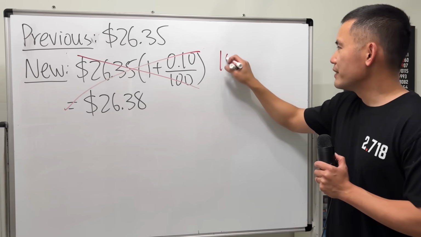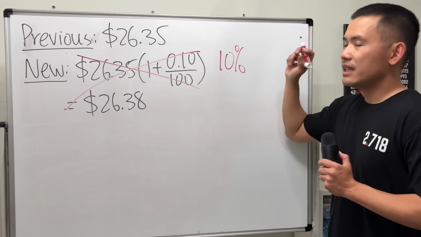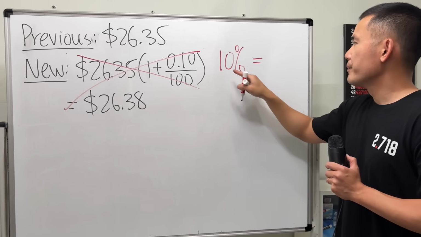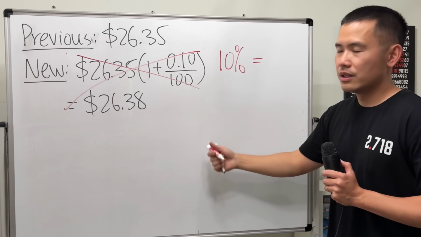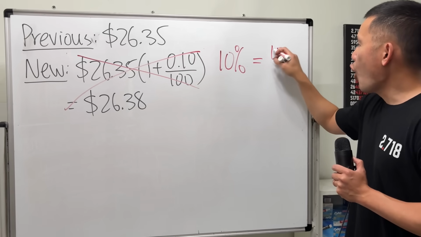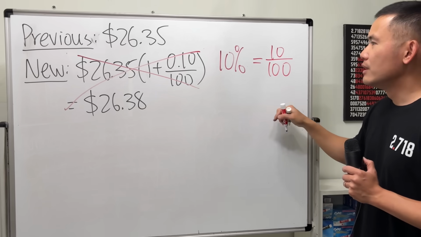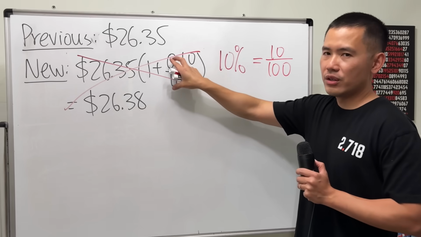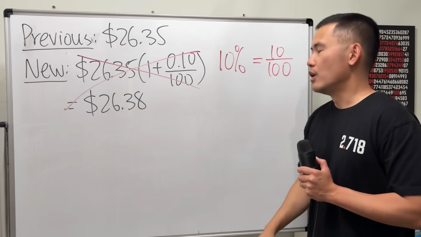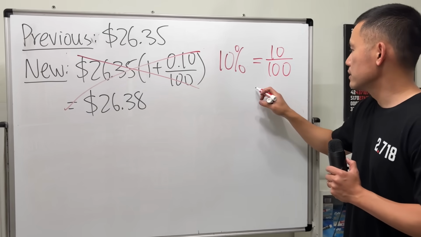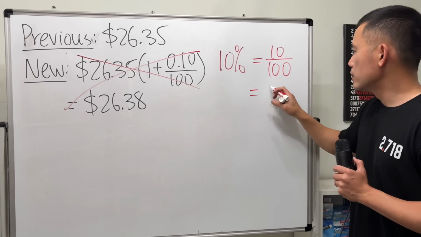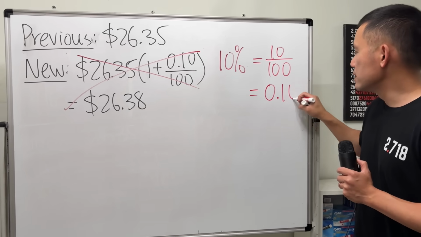Because if you have 10%, this means, well, percent means per 100. So you can put 10 over 100. You can just write down 10 over 100 right here. That would have been fine. Or if you want to use decimals, 10 over 100, you can write it as 0.10, right?